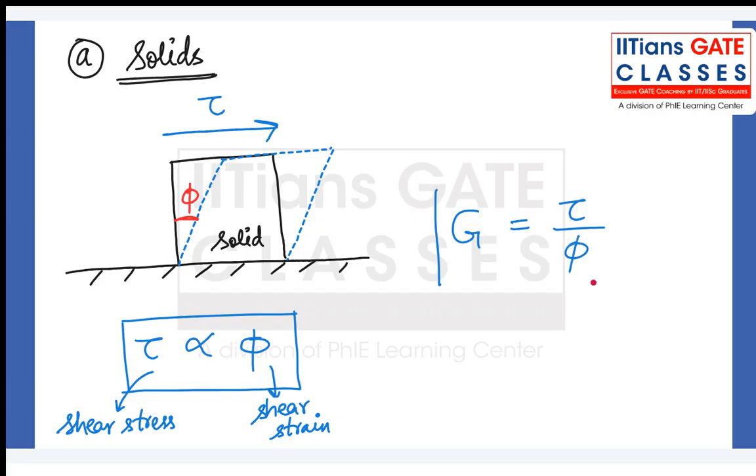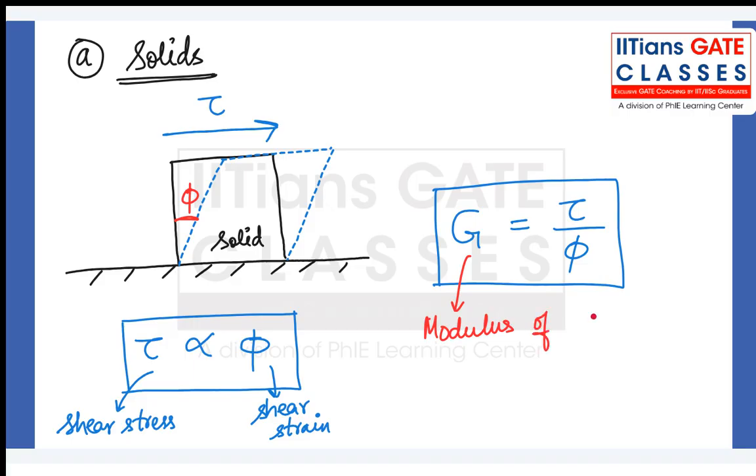And this G is known as the modulus of rigidity or shear modulus. So this is how a solid will react under a shear stress.